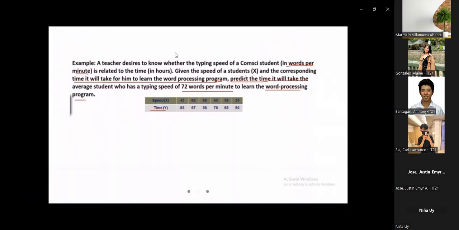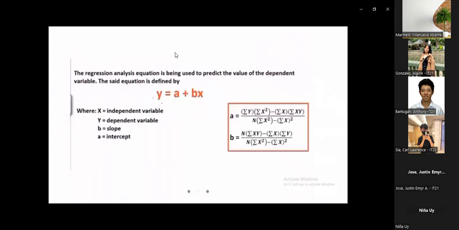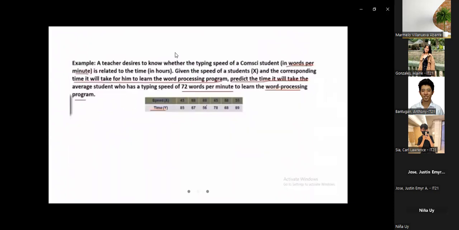So, para ma-solve natin 'tong problem na 'to, kailangan nating i-solve first yung equation na binigay kanina. Kung makikita niyo dito meron tayong table for speed, yung mga speed, and then yung time, minutes 'yan. Ito words per minute, ito minutes it will take them to predict.